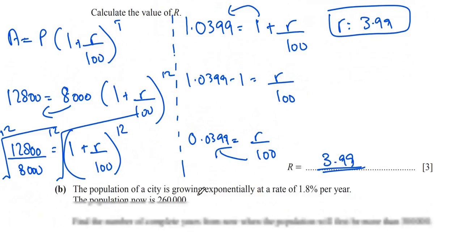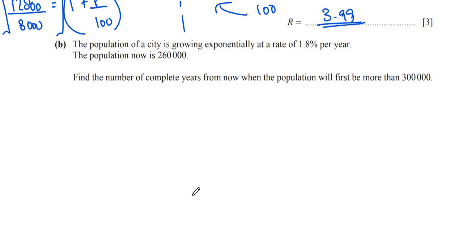Okay. Moving on to the next question, it says, the population of a city is growing exponentially. Now look, whenever they say exponentially, it means compound interest formula. At a rate of 1.8% per year. Okay. The population now is 260,000.